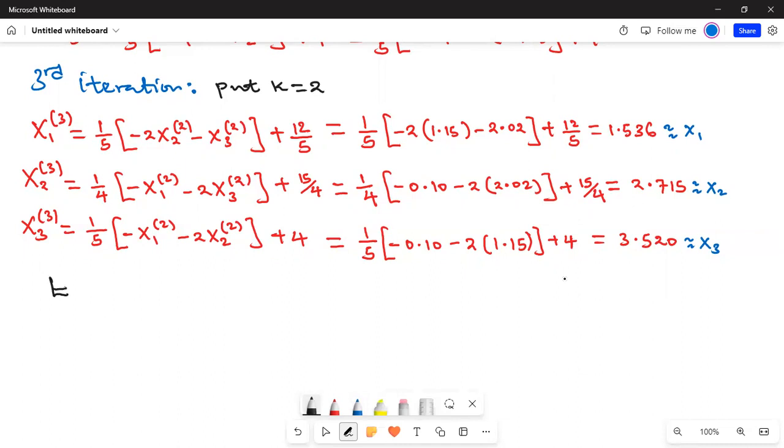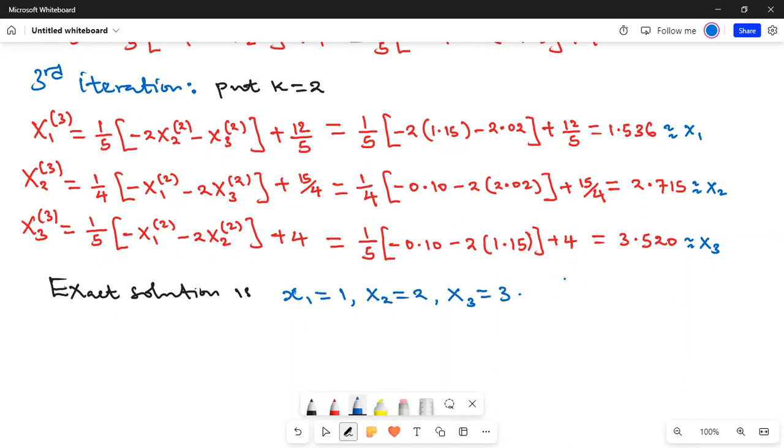So this is what you'll get. Exact solution is, you will get x1 is equals to 1, x2 is equals to 2, and x3 is equals to 3.